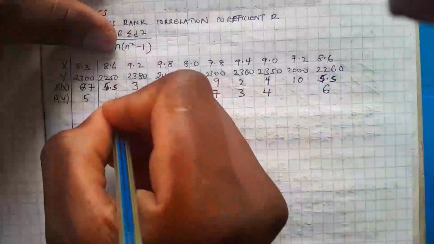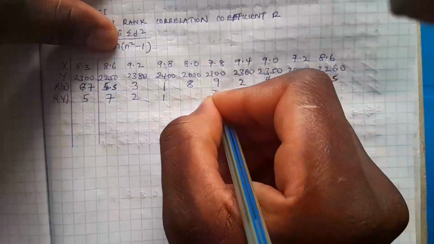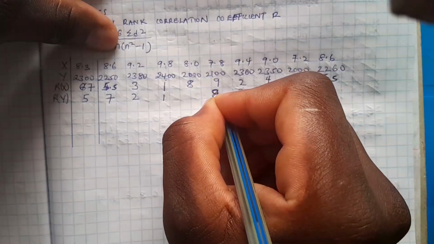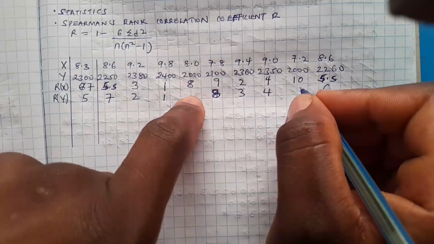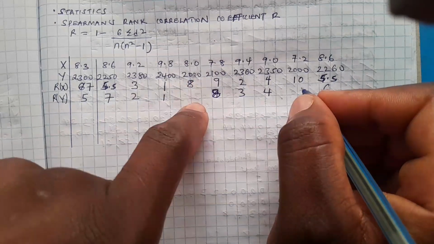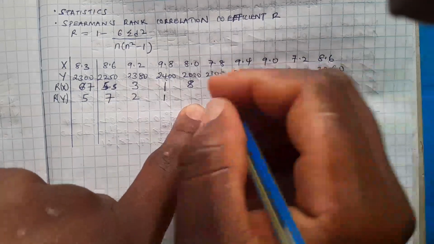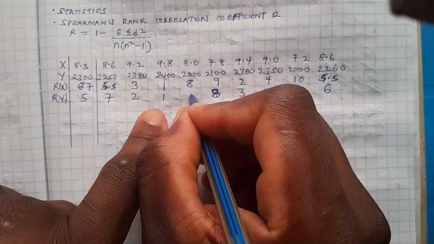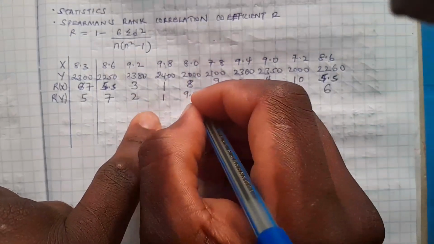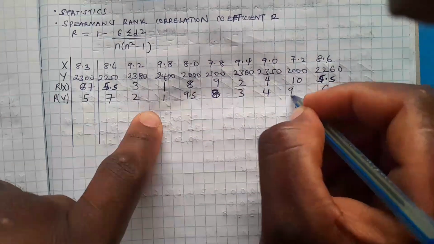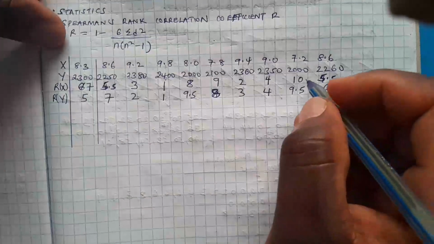This one will have the seventh rank, and then this one is supposed to be the eighth rank. Then we have 2000 and 2000, supposed to occupy the ninth and the 10th rank respectively, but then we add 9 plus 10 to have 19. The average is 9.5. Now they have ranks 9.5.